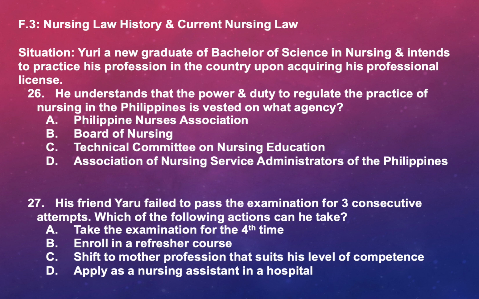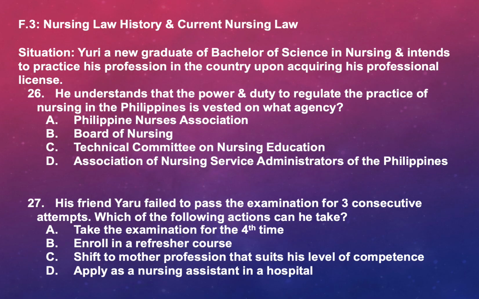PNA is the APO, Technical Committee on Nursing Education, that is in that shed, and ANSAP is for Nursing Service Administrators. Answer, bravo. 27. His friend Yaru failed to pass the examination for 3 consecutive attempts. Which of the following actions can he take?